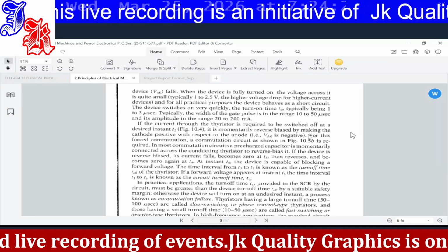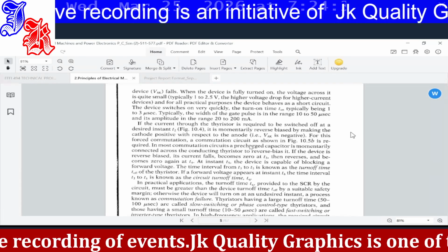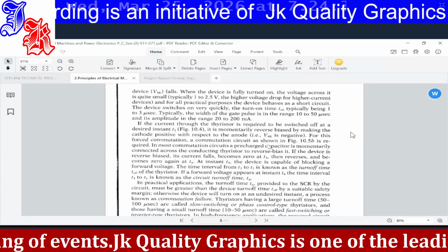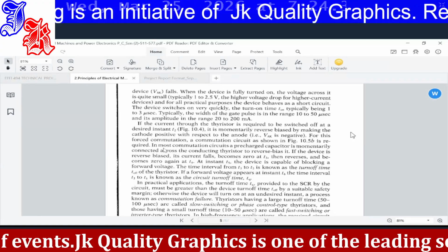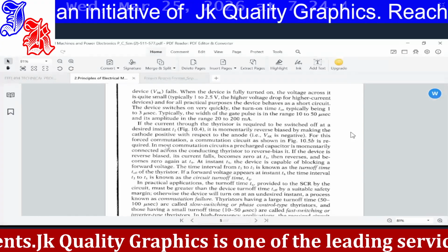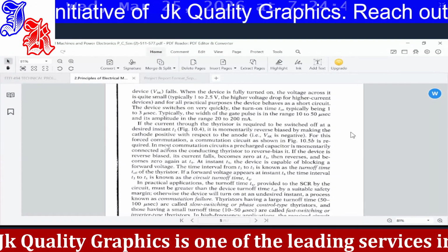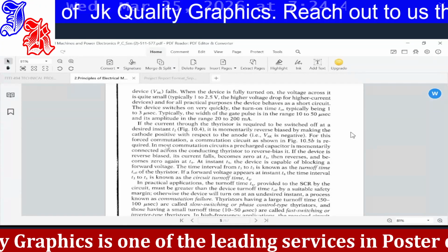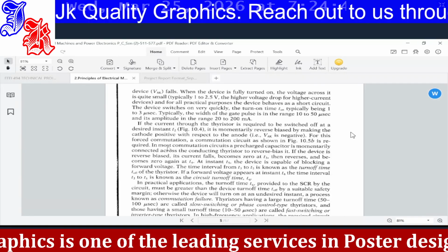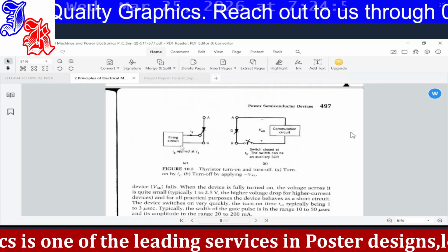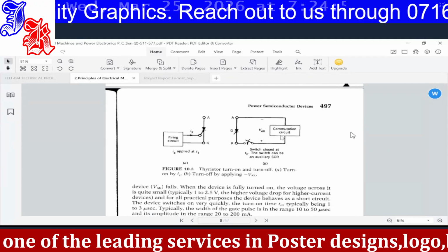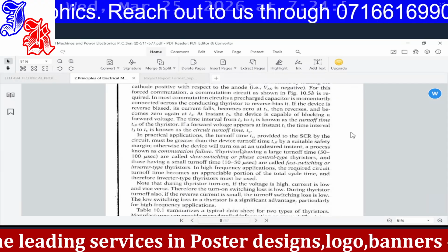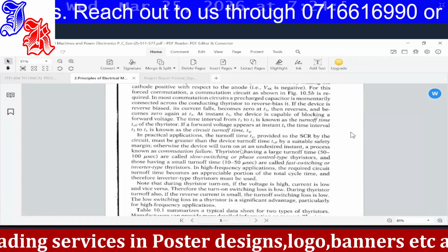For this forced commutation, a commutation circuit is also required, because of the effect of the forward voltage. So we need the commutation circuit to be able to block that forward voltage and ensure that the thyristor will not turn on when your aim was to turn it off.